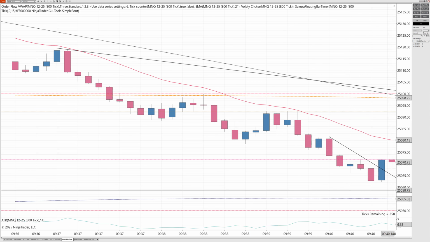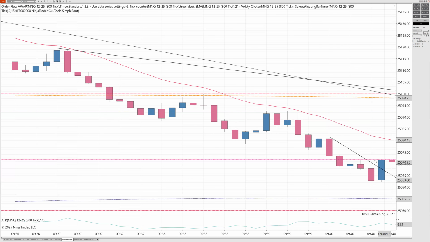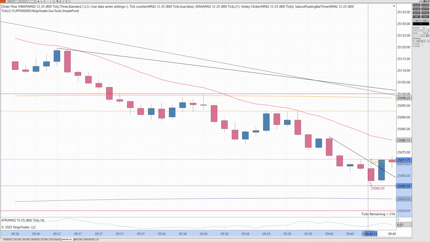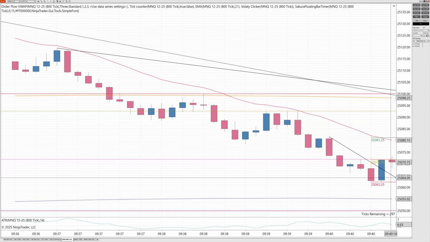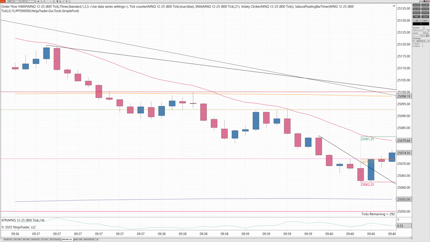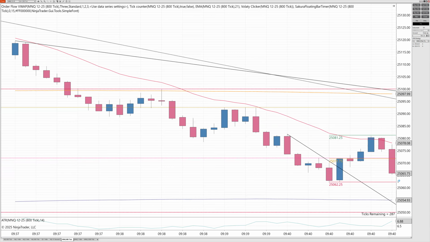This triggers up. This triggered up, but we have the EMA in the way and the runner was still running. So we would have passed on this one. It basically almost worked. You missed the target by a tick. I wouldn't have taken it, so I'm not counting it anyway.